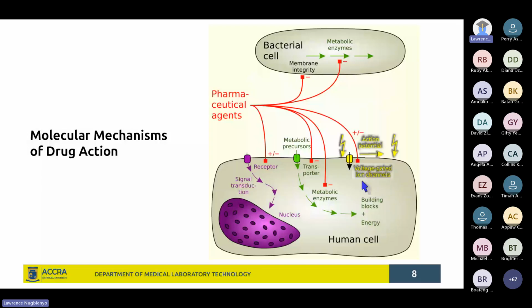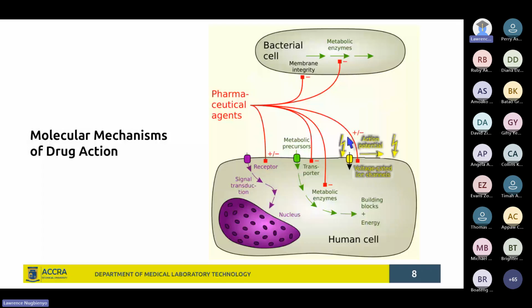Not only voltage-gated, we also have some which we refer to as ligand-gated ion channels. The difference is that ligand-gated means you have a particular substance, let's say calcium, for instance, that comes to bind onto a particular channel, or let's say the drug substance we are referring to is what comes to bind because it's a pharmaceutical agent.